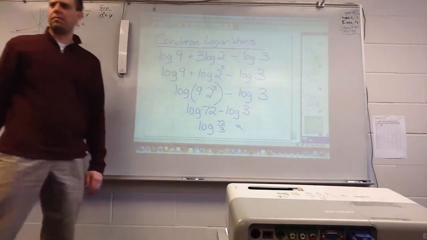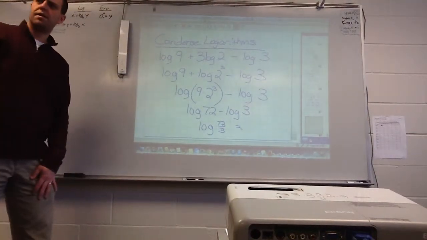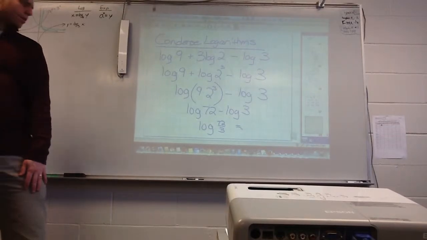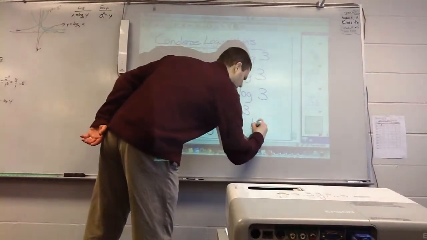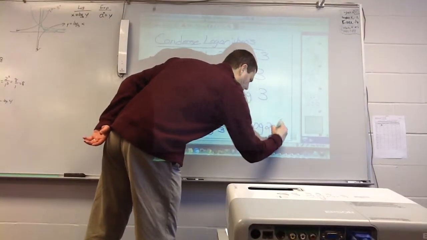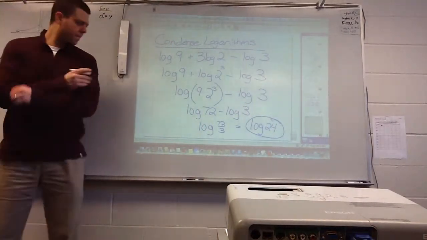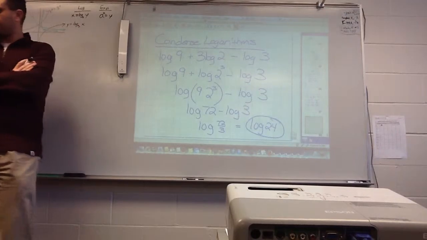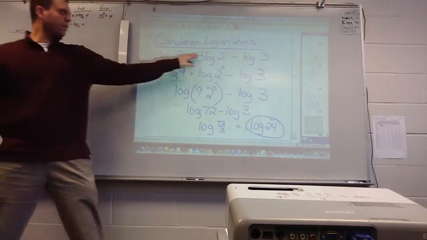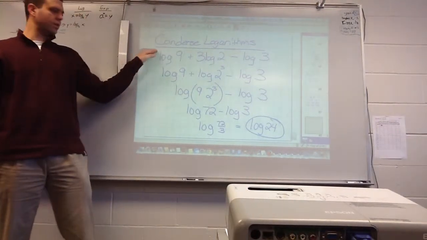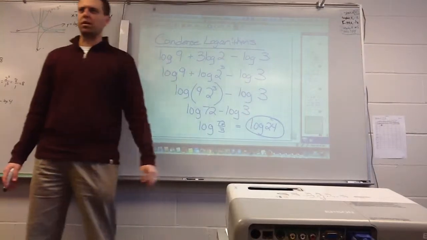What is 72 divided by 3? 24. So final answer, log of 24. So we went from this ugly 3 logarithms down to just a nice log 24.